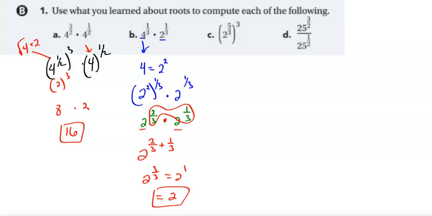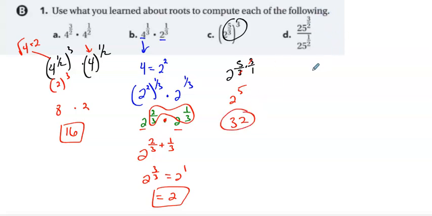All right, and then last but not least, or sorry, we got 2 more. We got 2 to the 5/3 to the 3rd power. So this one's cool because you have 5/3 times 3, and you have to multiply this product over 1. My 3s simplify, and you're just left with 2 to the 5th: 2, 4, 8, 16, 32, and that's done.